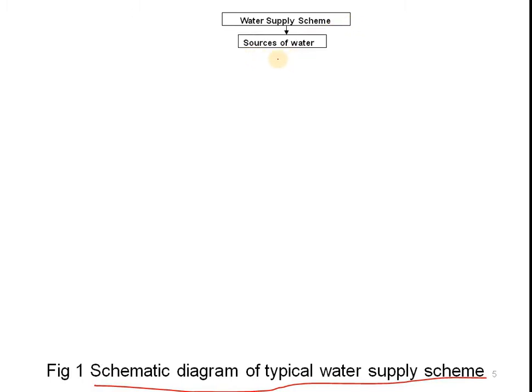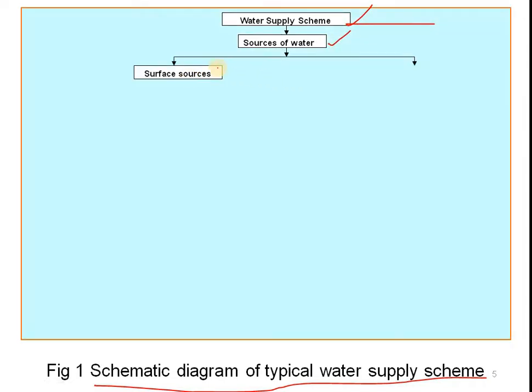Now let us see the schematic diagram of a typical water supply scheme. This is the first step: sources of water. In sources of water you can see surface sources and subsurface sources, so it is divided into two types.